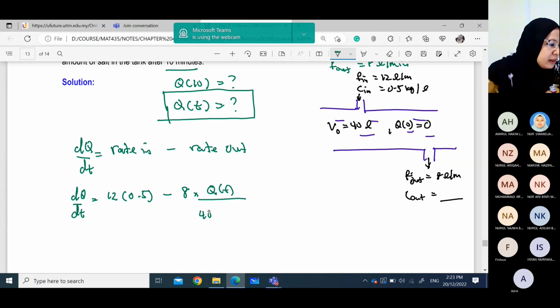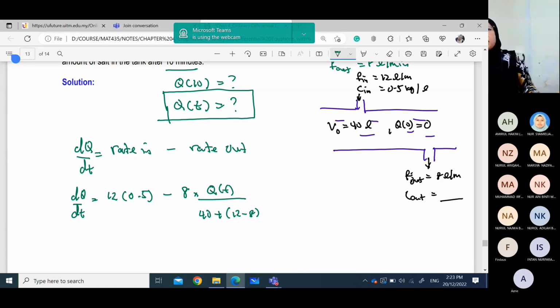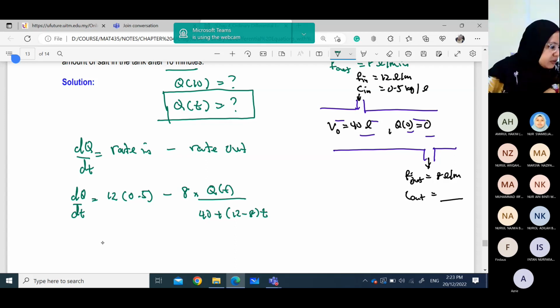Volume dia 40 plus 12 minus 8, which is flow in minus with flow out, T. Kat sini T yang ni plus. Alright, so here we have 6 minus 8 Q of T. Yes, any question?